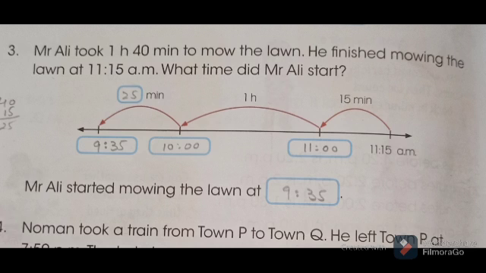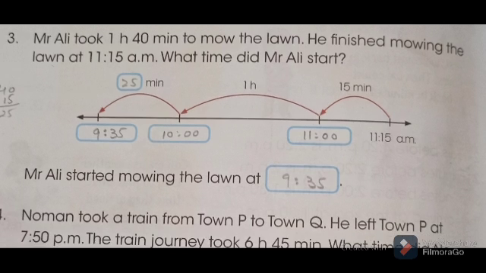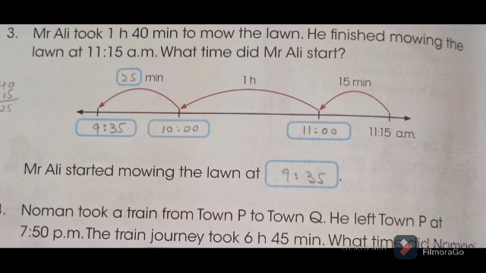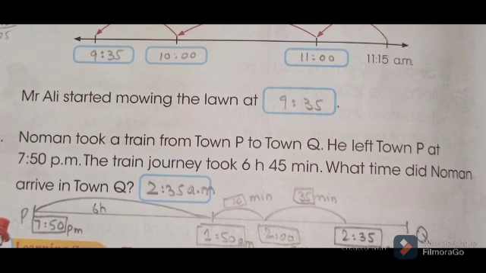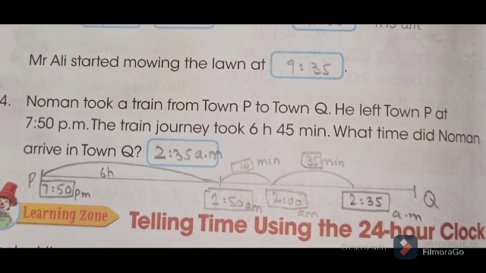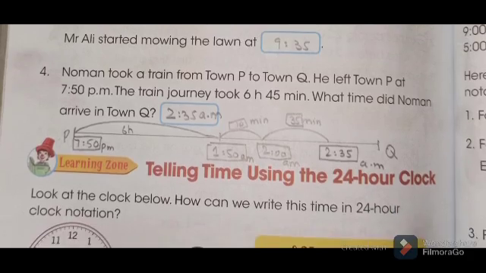Again we will count back 1 hour, that will be 10. And 25 minutes are remaining. If we count back 25 minutes from 10 a.m., then we will get 9:35 a.m. Mr. Ali started mowing the lawn at 9:35 a.m.